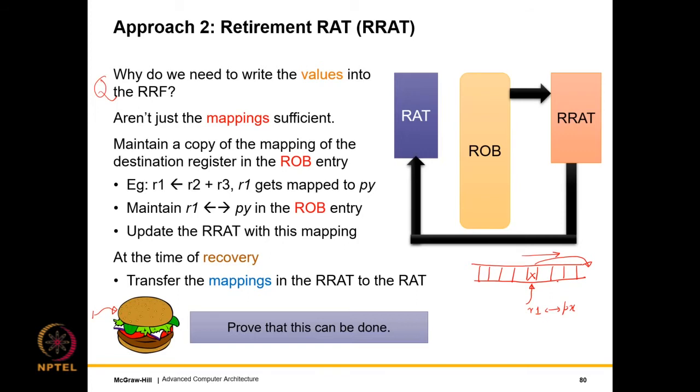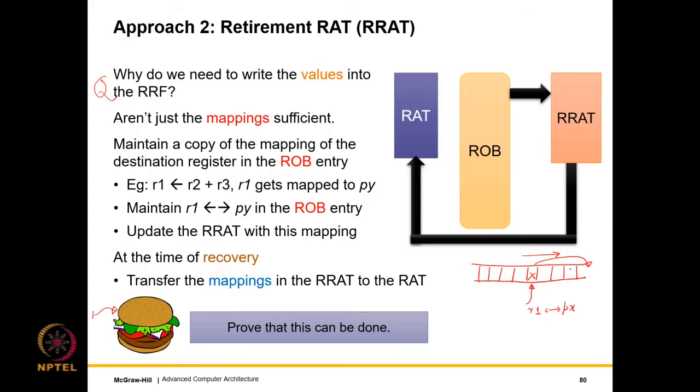think about several things. The first thing is we need to see when exactly is PX released. So PX is released when some instruction writes to R1 and that instruction commits. So at the point of the branch, if R1 is mapped to PX, so it is clear that some instruction fetched after the branch would be writing to R1, which would be PY.